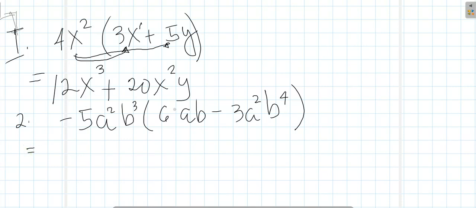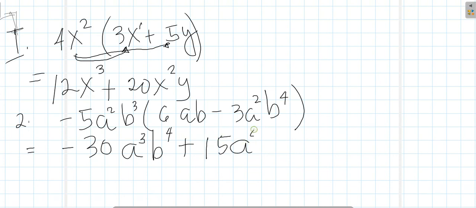So negative 5 times 6 is negative 30a cubed b to the fourth, plus, because negative times negative is equal to positive, 5 times 3 is 15a to the fourth b to the seventh power.